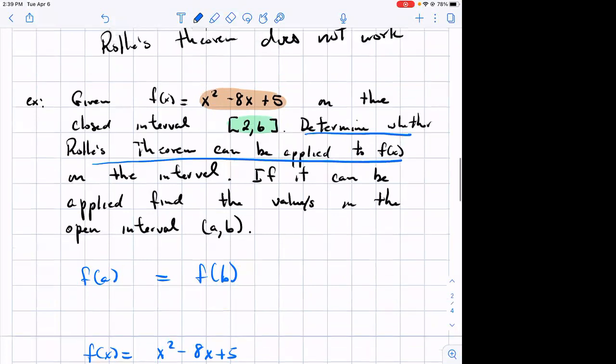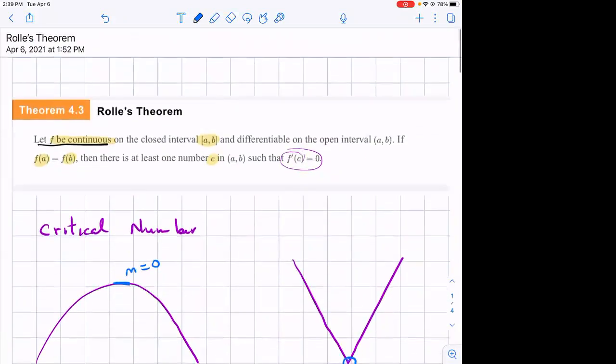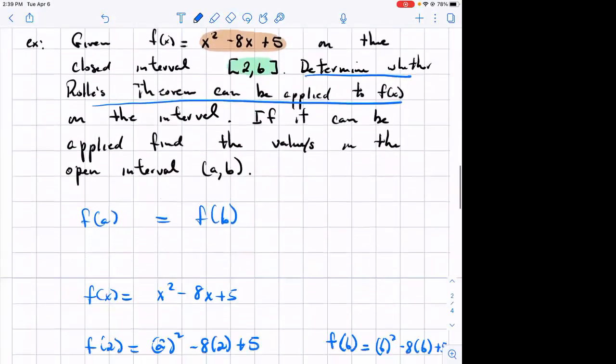So basically, let's just recap what I'm doing, right? I'm trying to see if every condition on the theorem is satisfied. That's what I'm trying to do. So if I stick that condition in here, let's see.